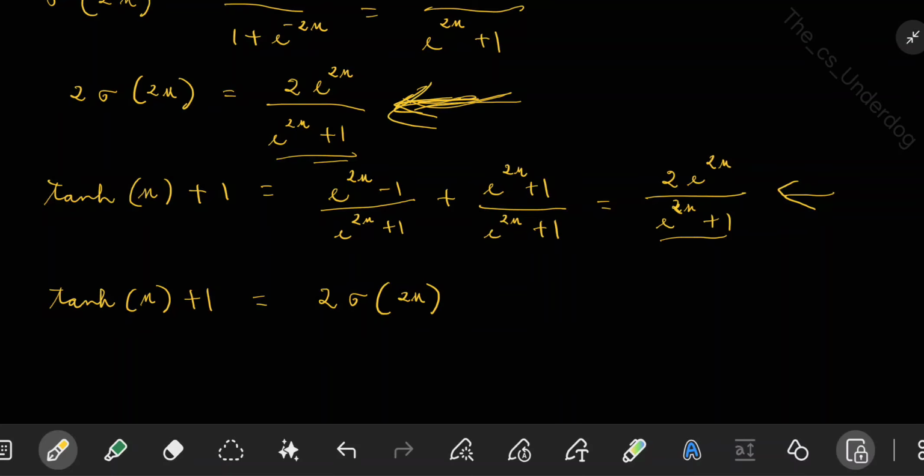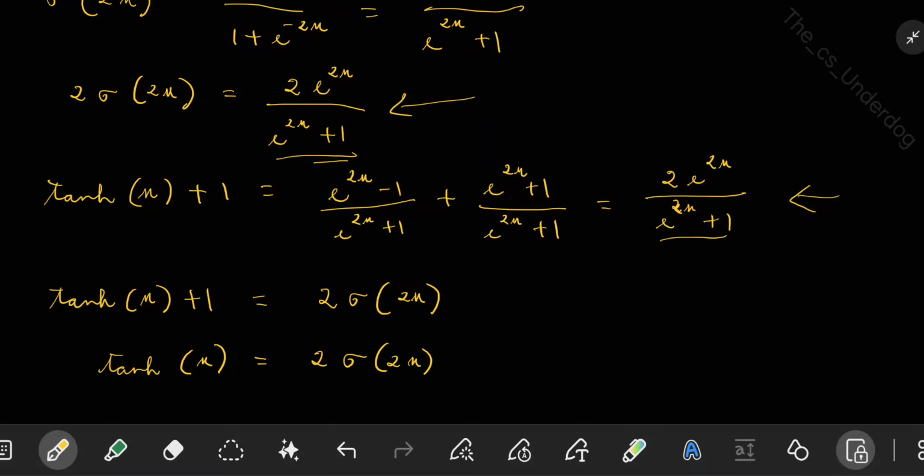So whatever I found here, that I equated with this, because both the values are equal. Both are 2 times e power 2x divided by e power 2x plus 1, which means both these are same. So how can I write this? I can say tan h of x can be written as 2 times sigmoid of 2x minus 1.